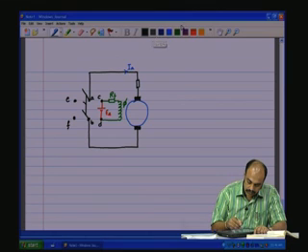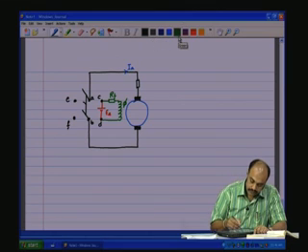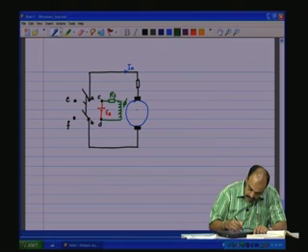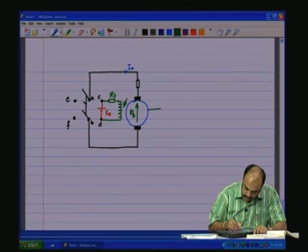Now, what we propose to do, this is the DC motor. Let us have the back EMF EB here, then we are going to connect the shaft to the load.